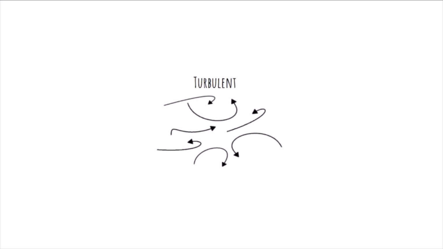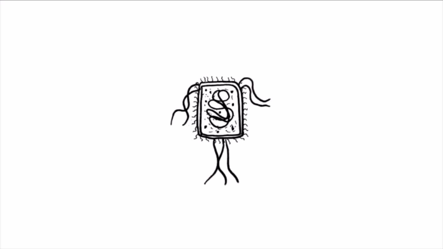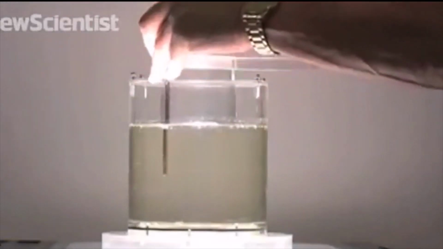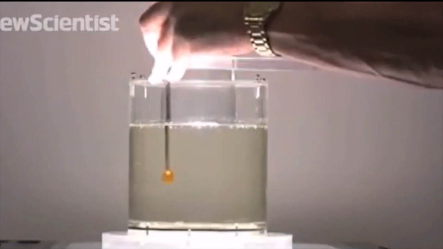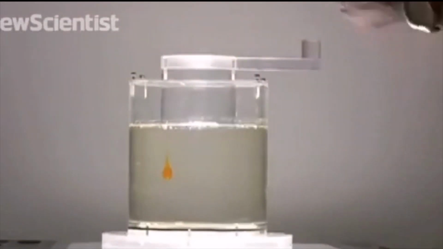Now how is this all relevant to this little fella? Before we dwell on it, let's watch this video to see why understanding laminar flow is important to understand the movement of the microorganism. In the video, we inject different ink colors at different positions in the given solution.